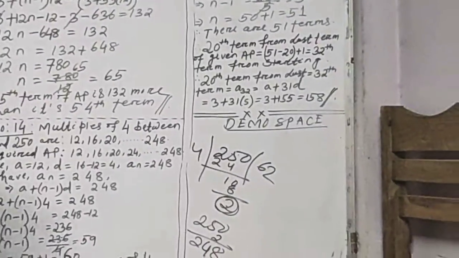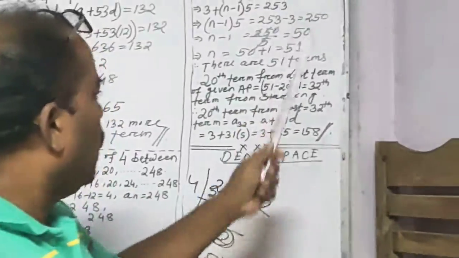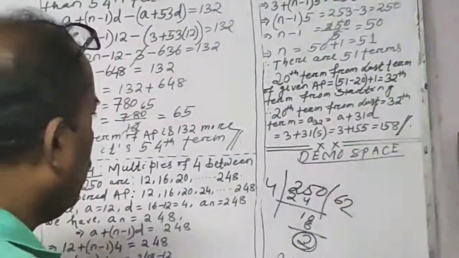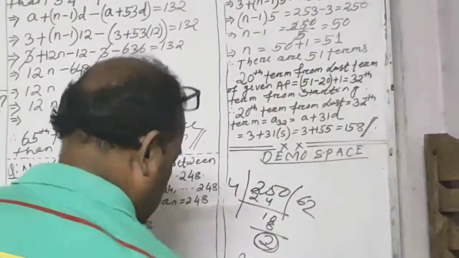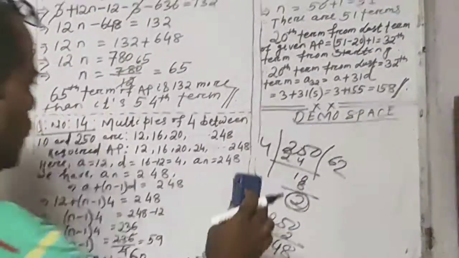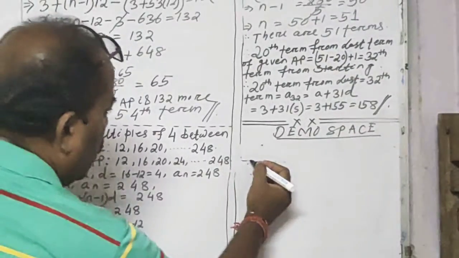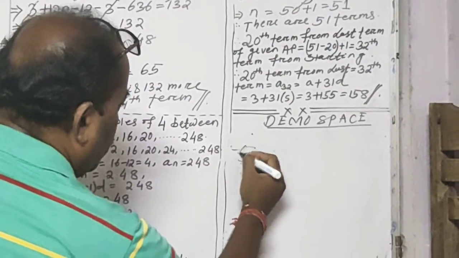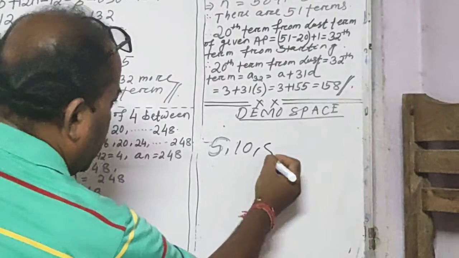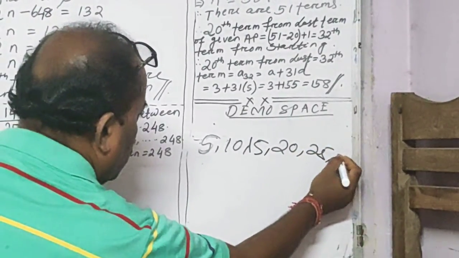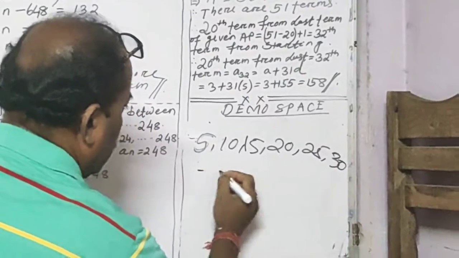But the question is asking you to find out the 20th term from the last. Generally, what do we do if an AP is given? For example, 5, 10, 15, 20, 25, 30, dot dot dot.